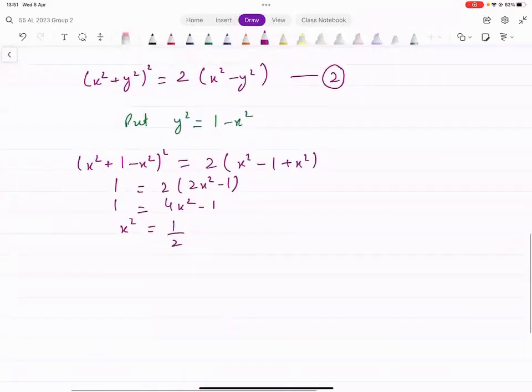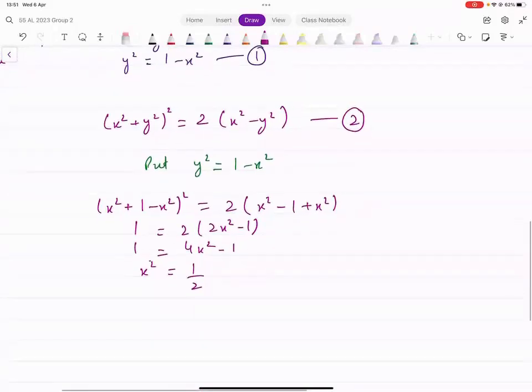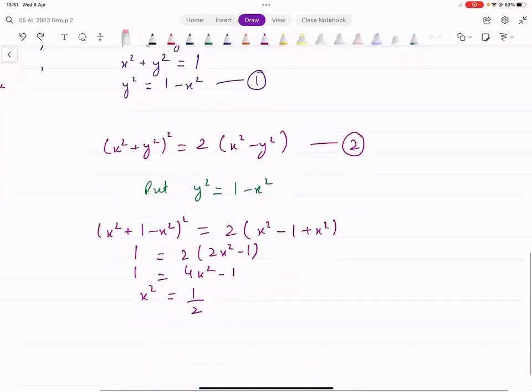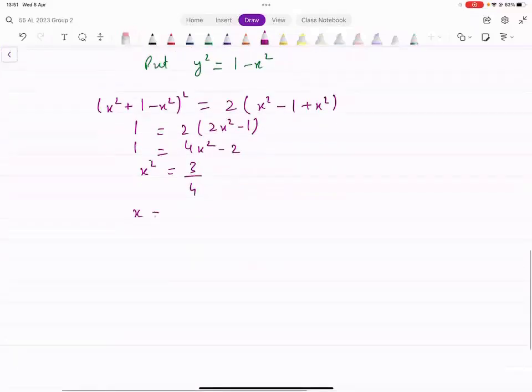Okay, is there something wrong here? क्या नहीं होना चाहिए था? 2 नहीं होना चाहिए था यहाँ पे. So there was not 2 there. नहीं 2 तो है यहाँ पे. 2 नहीं होना चाहिए. -2, yes. This is -2. This should have been -2. So x square equals 3 over 4, and then x equals plus minus square root of 3 over 2.